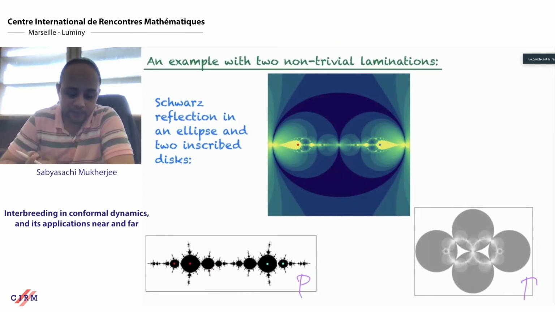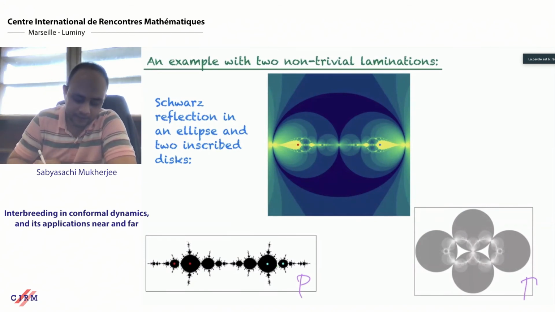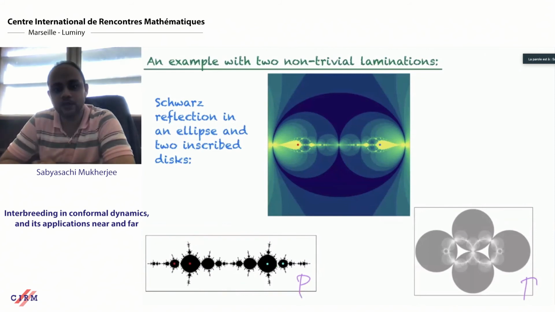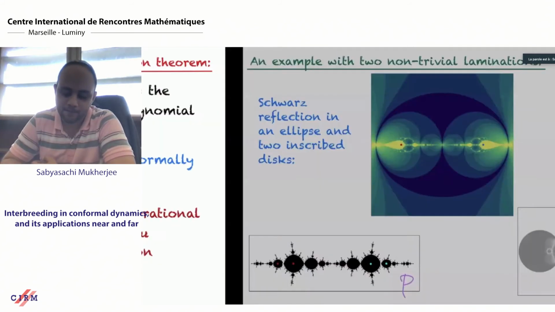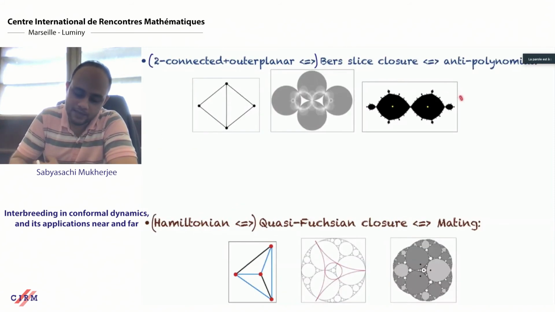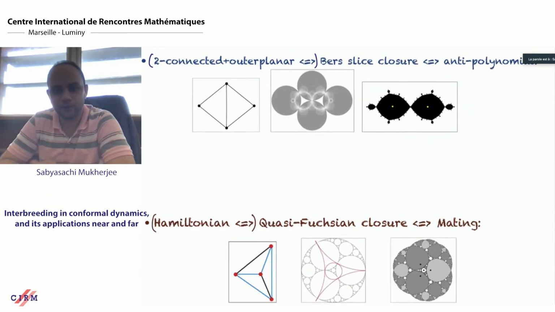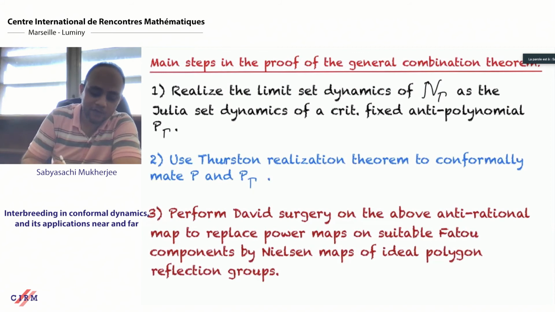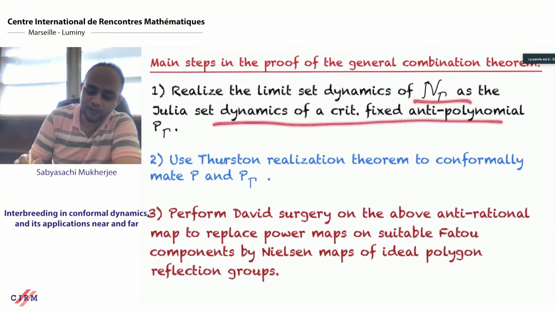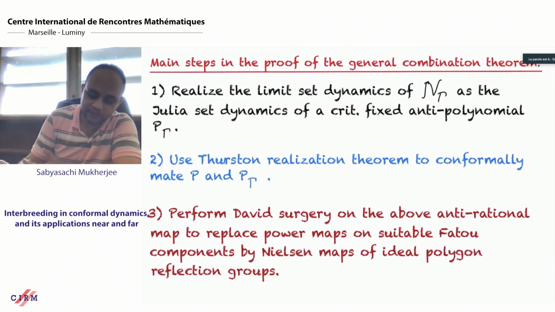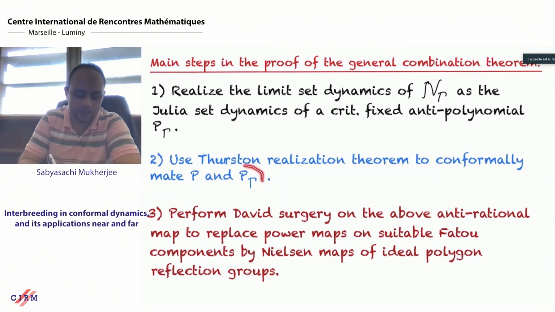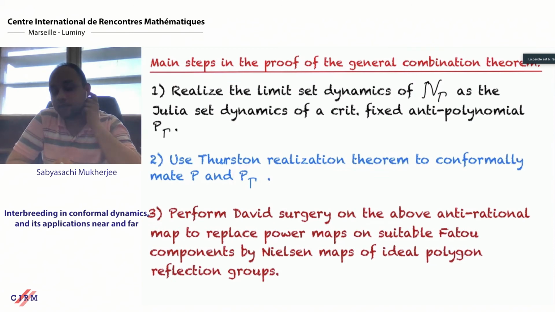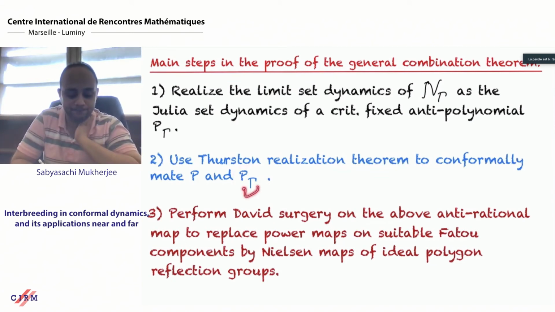And the assumption that there is no Moore obstruction can be used to prove that this P can indeed be conformally mated with this critically fixed antiholomorphic polynomial. So that's step 1, where you use the connection between groups and rational maps. Step 2, you use Thurston realization theorem to conformally mate P and P gamma, where P gamma is the canonical critically fixed polynomial associated to gamma.